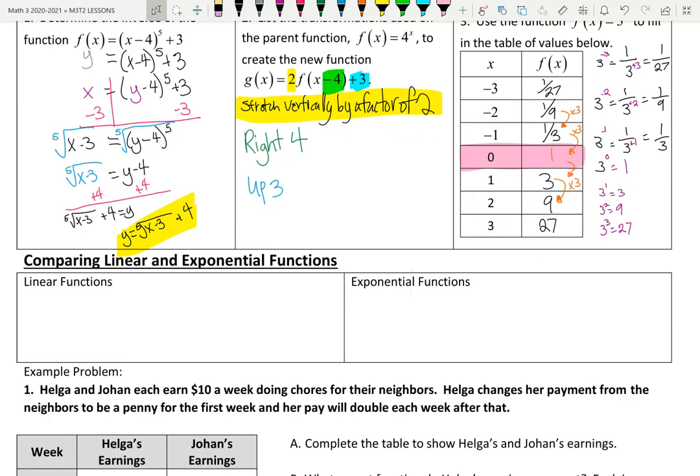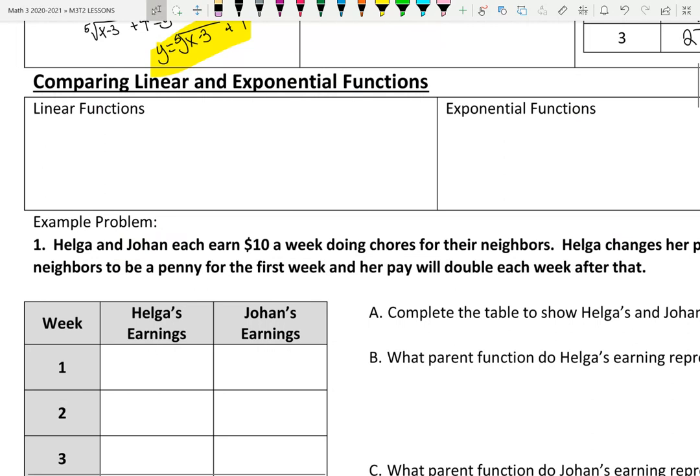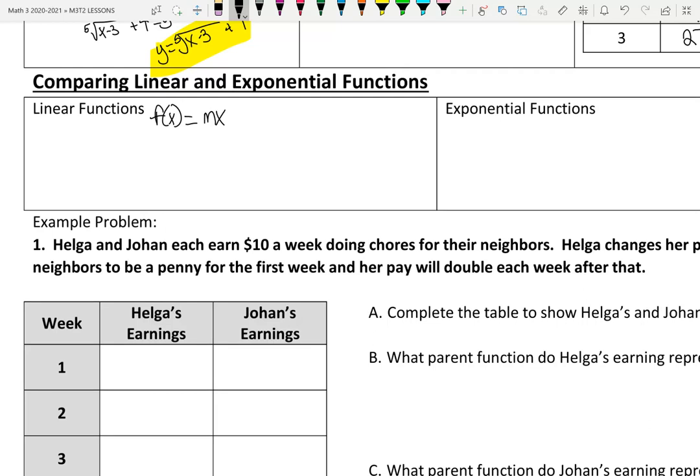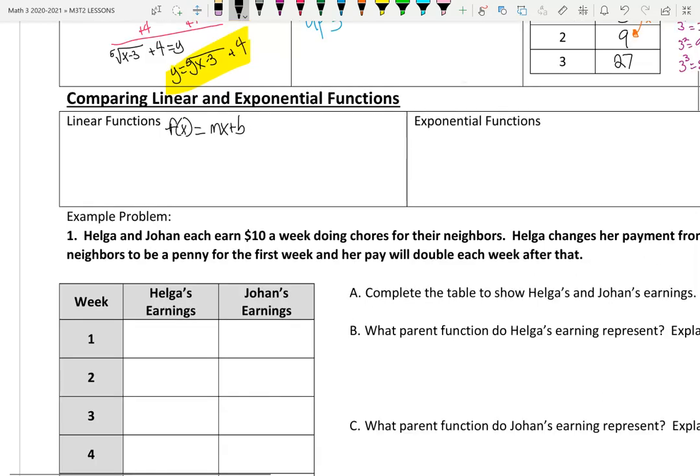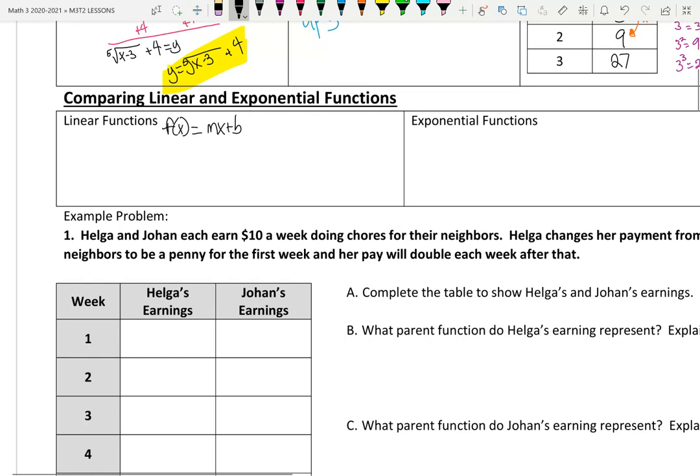So, comparing linear and exponential functions. The idea is with a linear function, this is what we're used to. It usually looks like f of x equals mx plus b, while an exponential is going to be the basic function of a times some number to the x power.